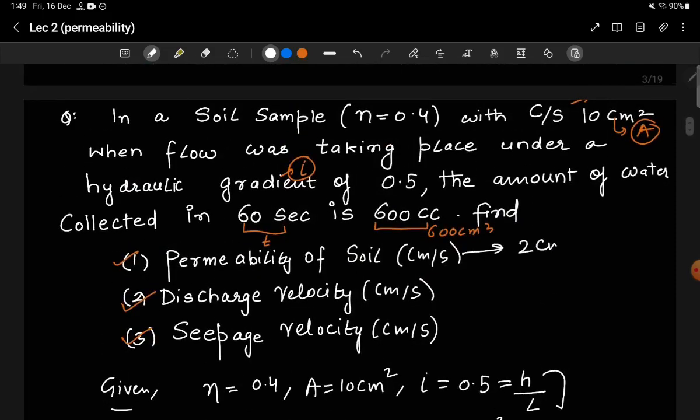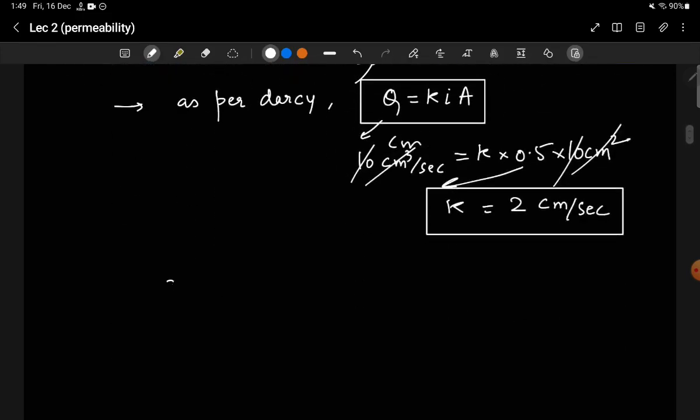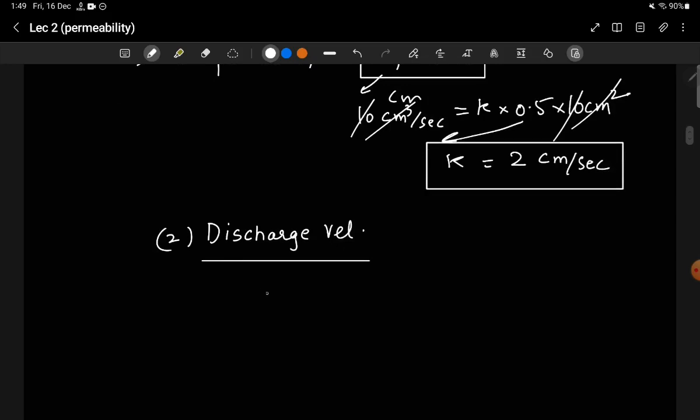The next thing they have asked us is discharge velocity. Now let's see discharge velocity. For discharge velocity, we know that Q is area into velocity.